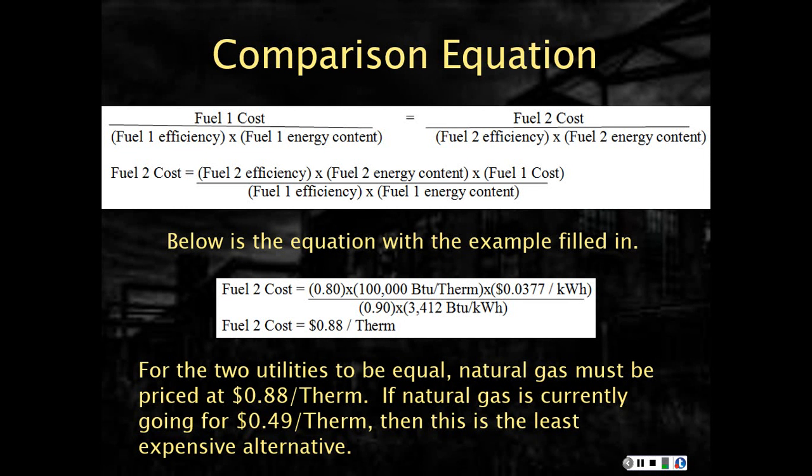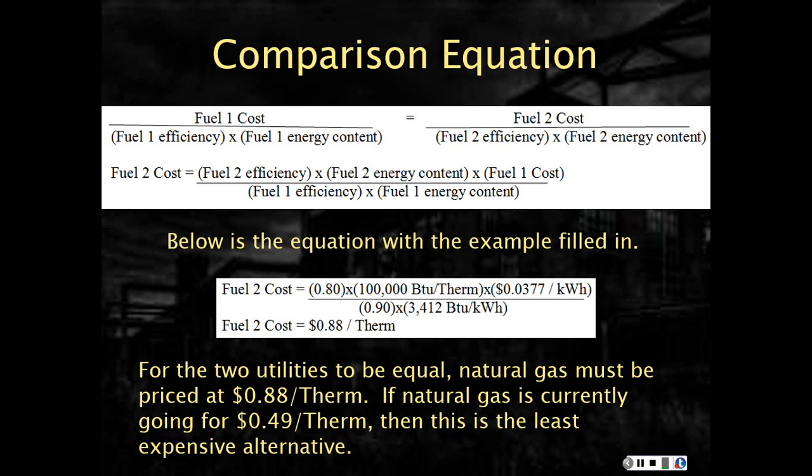If I take that equation at the top, which is basically fuel 1 cost, divided by the efficiency of that process, divided overall by the fuel energy content, will equal the same type of calculation against fuel 2. Now, rearranging the equation, I'm going to solve for the cost of fuel 2.